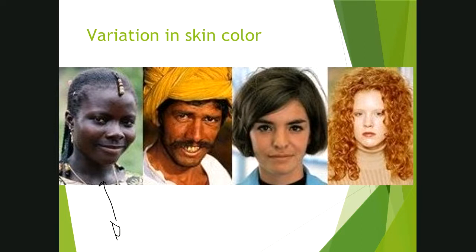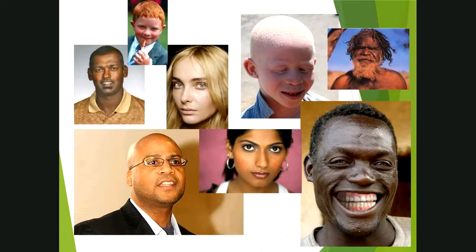And then if you look here, it's a little bit lighter and a little bit lighter. And then if you look at this person, the skin is almost just white. And so there has to be some reason for this. We're going to talk about the reasons for having different skin color and also what produces those different tonalities. And again, you can see huge variations.